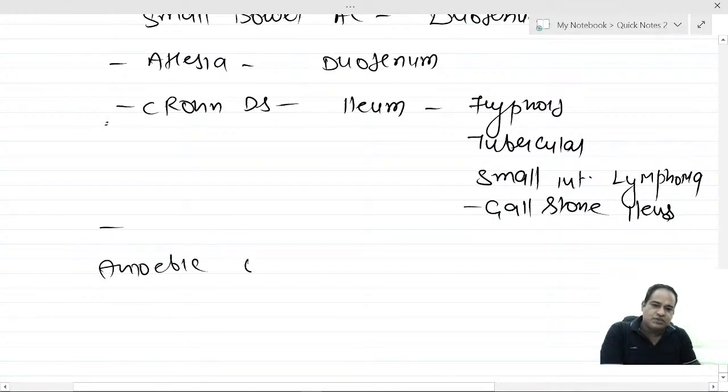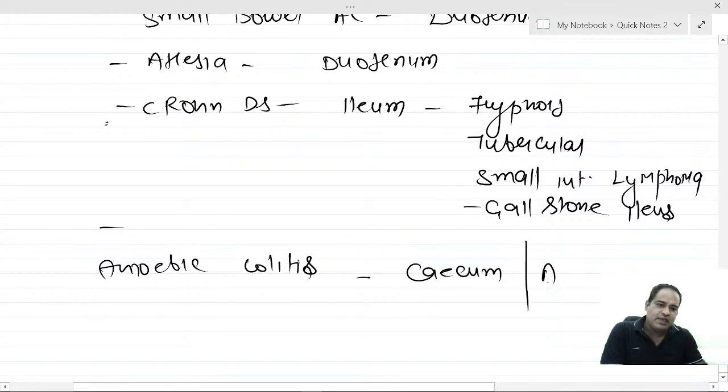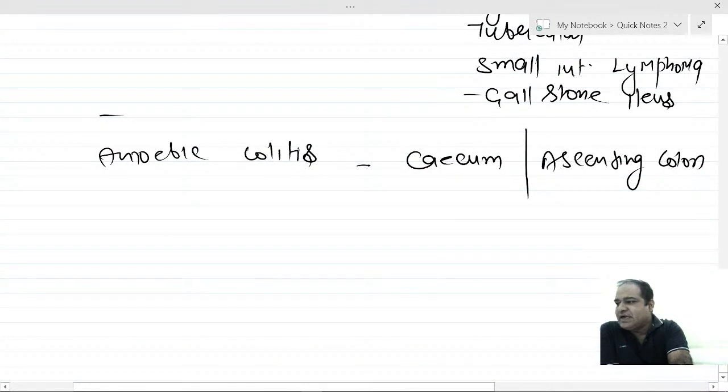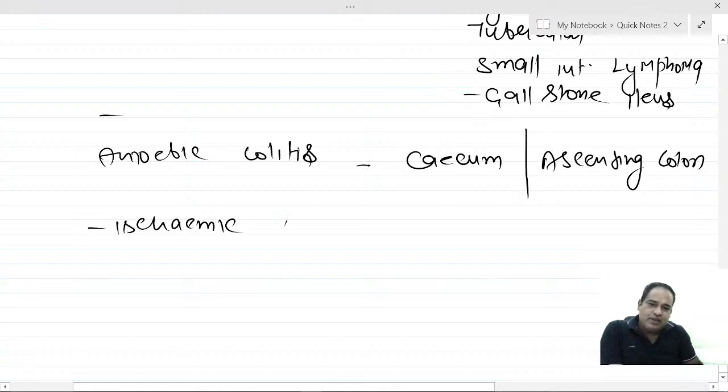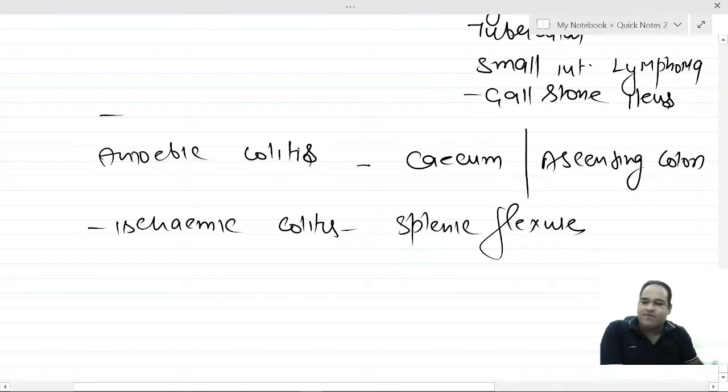Most common site for amoebic colitis is cecum and ascending colon. Most common site for ischemic colitis is splenic flexure.